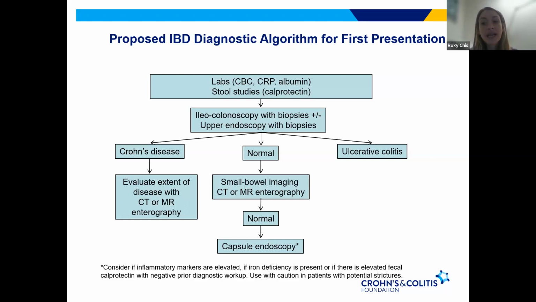And things that we look at here are anemia, so low hemoglobin. In the setting of ulcerative colitis, for instance, they will get bloody diarrhea, they will lose blood, and so you will oftentimes see an anemia. The other thing that will pop up here might be a high white cell count.